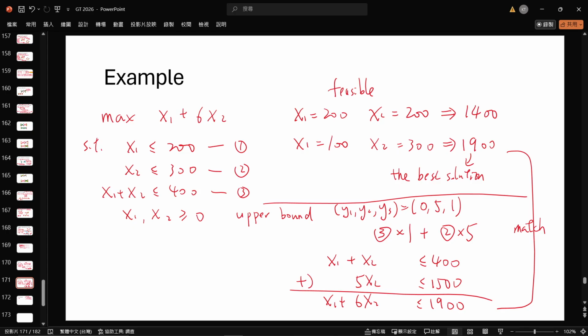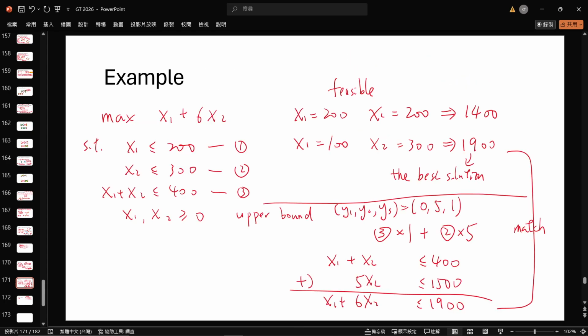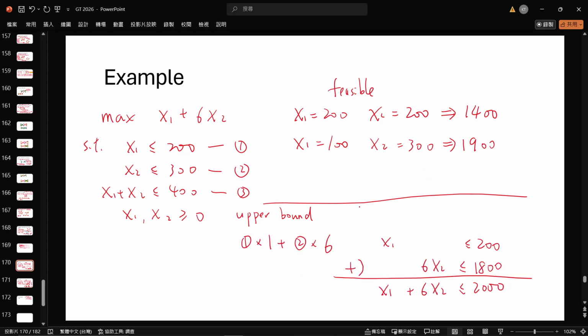So using the notation we have here, y1, y2, y3 correspond to the weights, and this solution is y1, y2, y3 equals 0, 5, 1. Similarly, this one is 1, 6, 0.